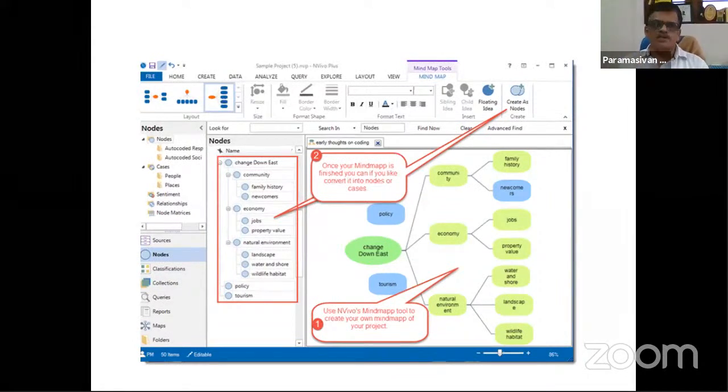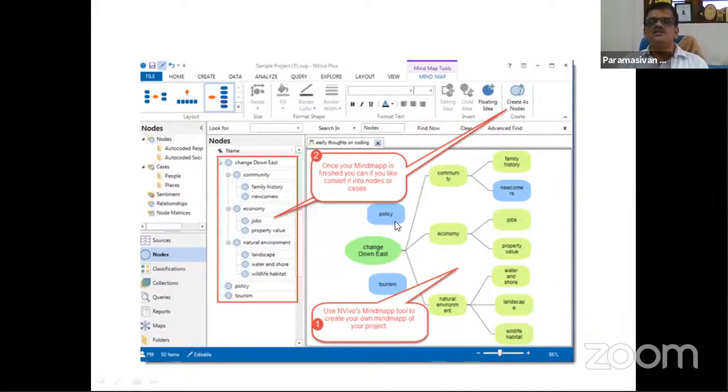Whenever the repeated words are coming, you have to look at the sentence where the repeated words are selected. Some sentences may not be the right context for you. You have to remove those. From those repeated words, the NVivo software constructs the mind map. Sometimes you have to specify how to construct the mind map, but otherwise most of the time it constructs automatically. So this is the mind map you can see in NVivo software.